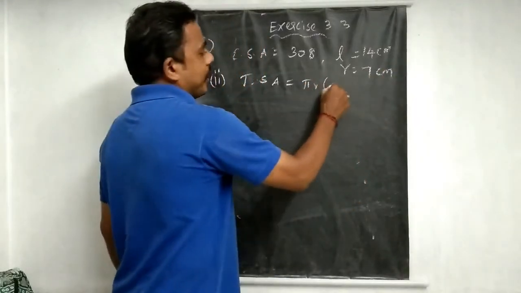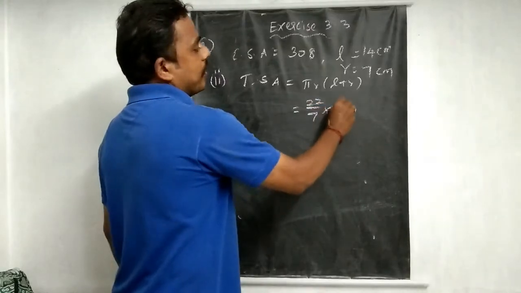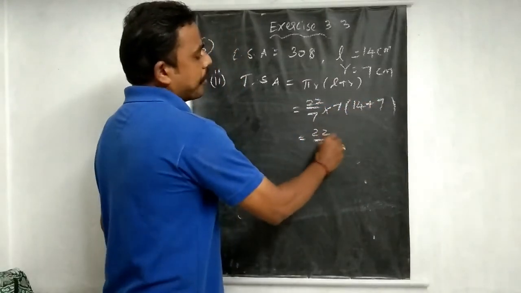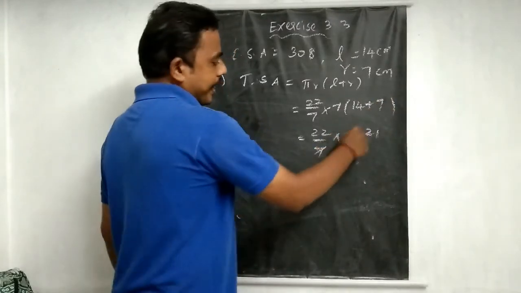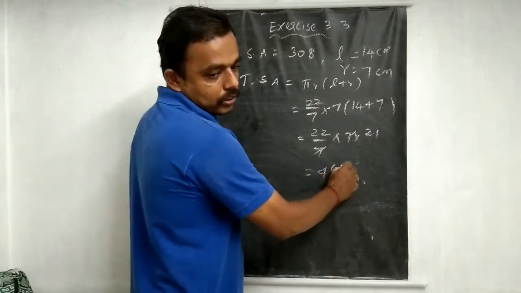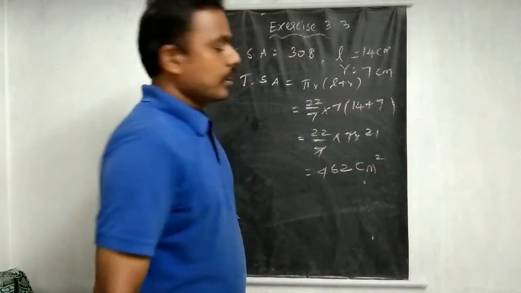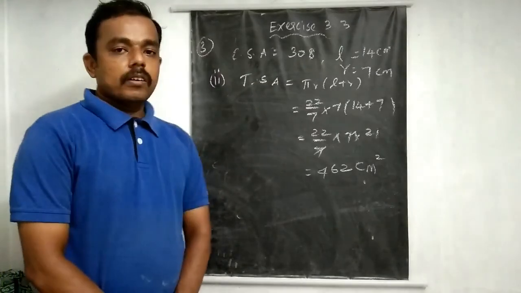So pi r into l plus r: 22 divided by 7 into 7 into 14 plus 7. So 22 divided by 7 into 7 into 21 addition. And I cancel this. After finding this product, we get 462 centimeters squared. This is your exercise, third problem.